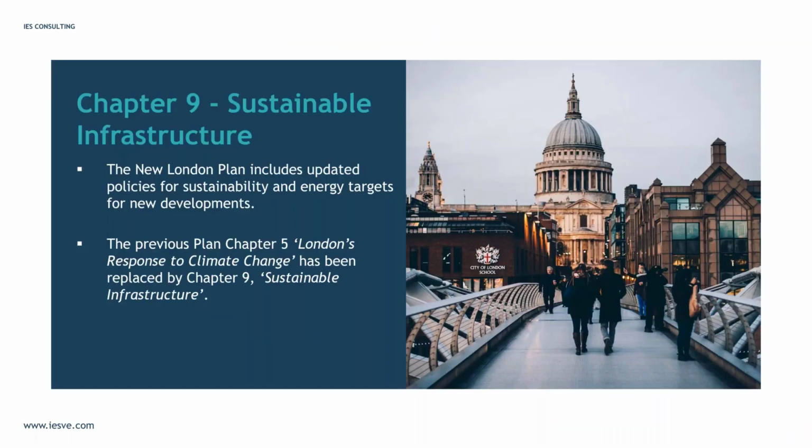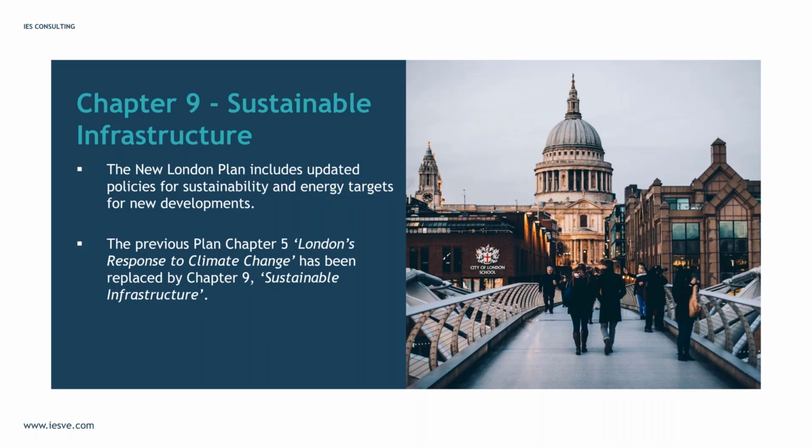We move on now to Chapter 9, Sustainable Infrastructure. The plan has significantly updated for sustainable and energy targets for new buildings. In the 2016 version, we had Chapter 5, London's Response to Climate Change, and have already met the energy hierarchy through this.